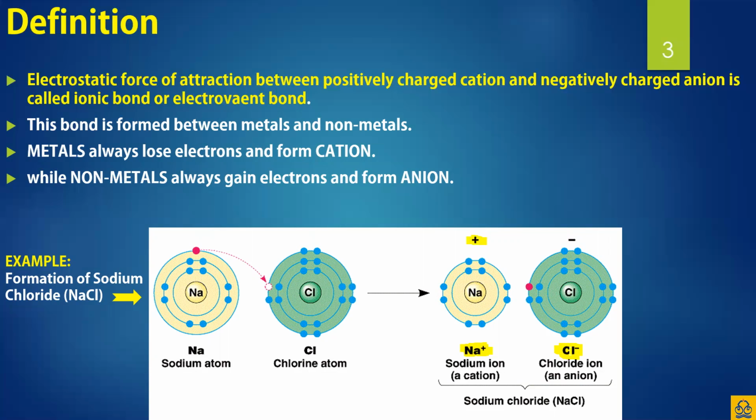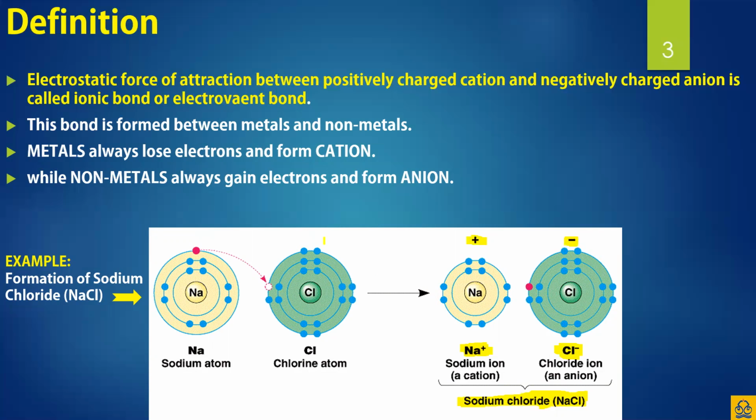So opposite charges attract each other. Hence sodium will react with chlorine and will form sodium chloride. This is the formation of sodium chloride, and this is the example of ionic bond.